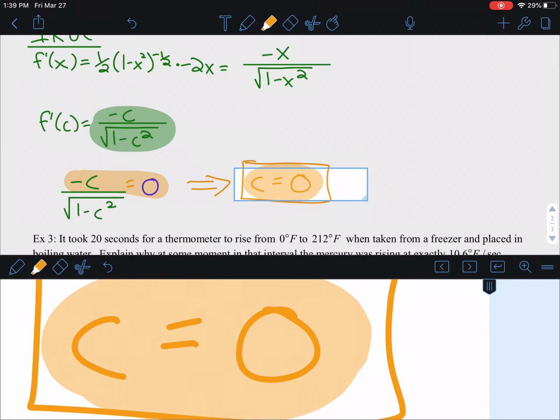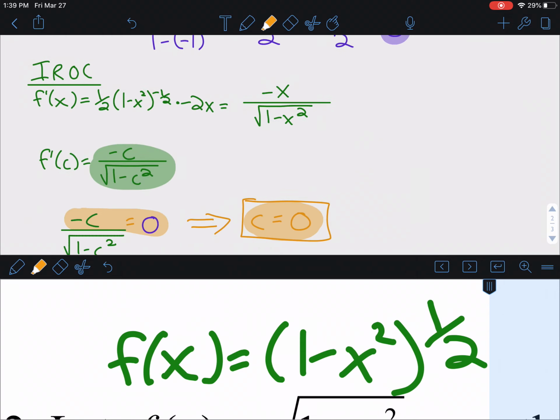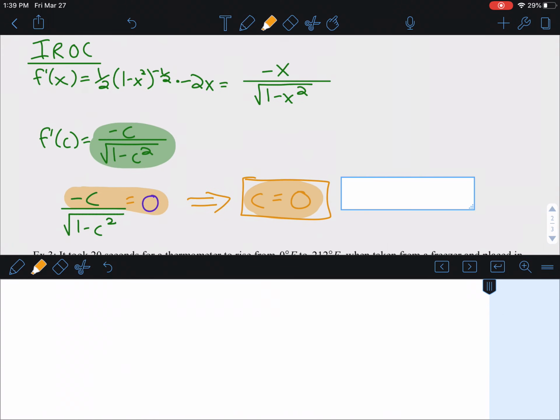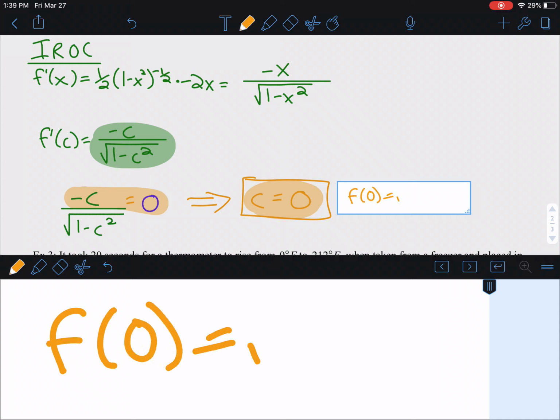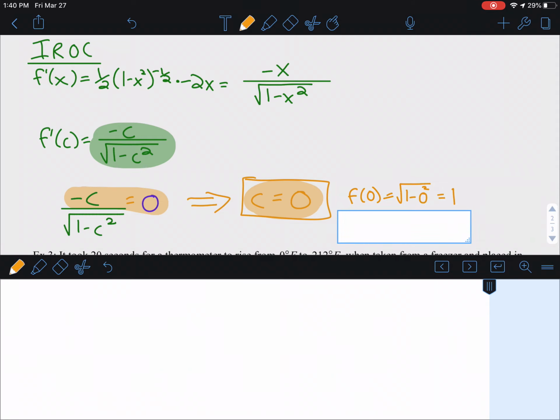So I'm just going to take this x-coordinate, plug it back into the original function to get the point there, and now I can get the whole tangent line. So f of 0, root 1 minus 0 squared is going to be 1.